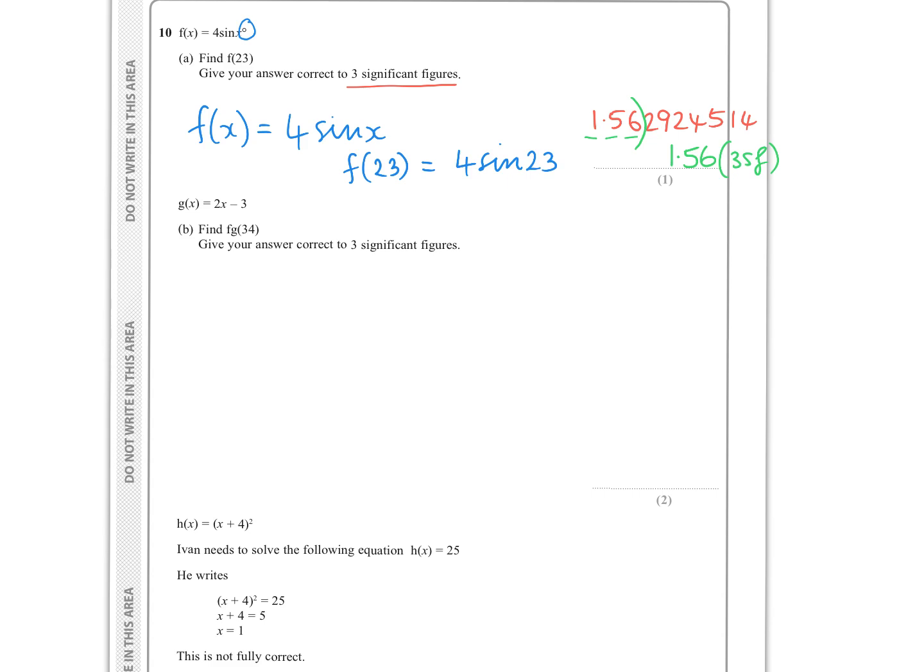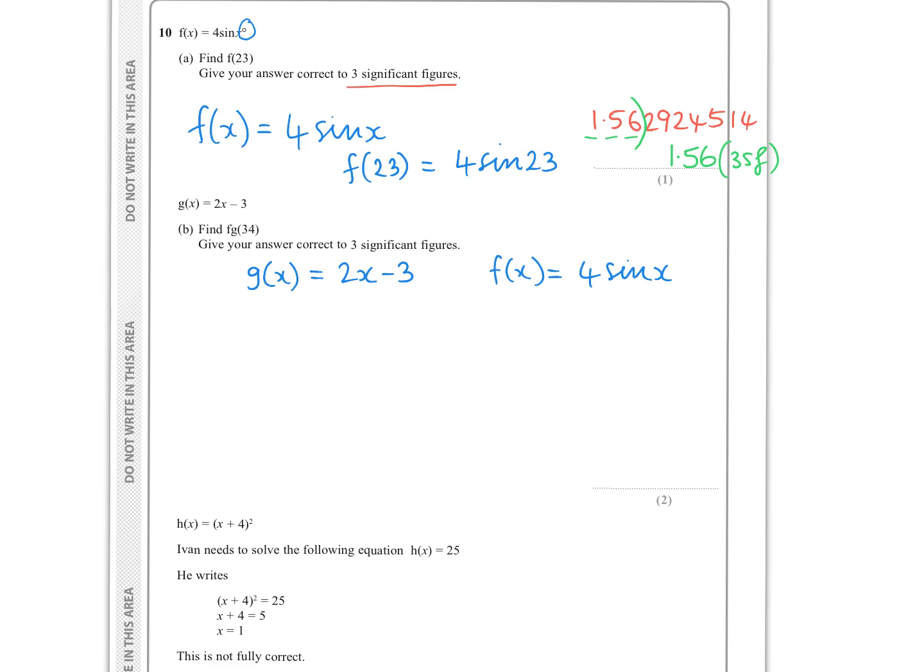For part B, we're given that g of x equals 2x minus 3, and we want to find fg of 34. Well, let's have a look in detail at what we need. We know that f of x is 4 sine x.